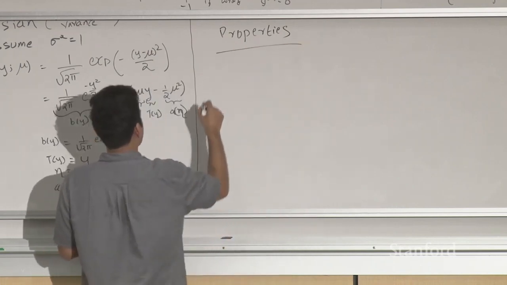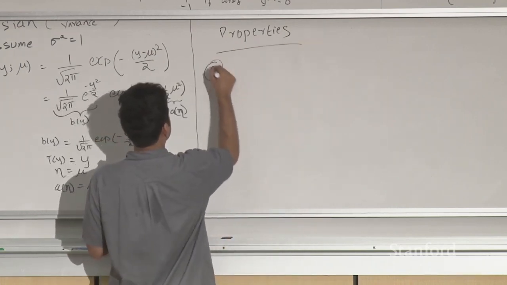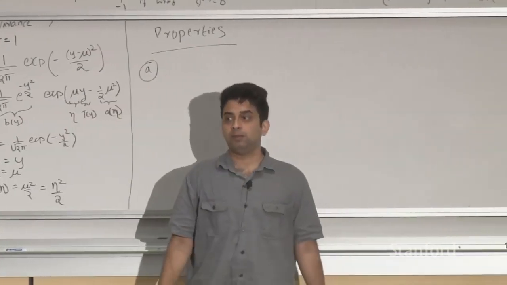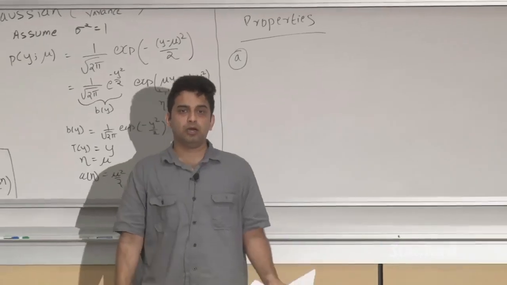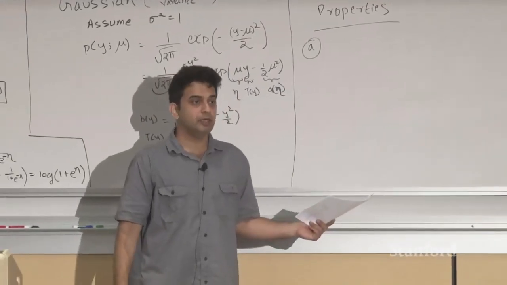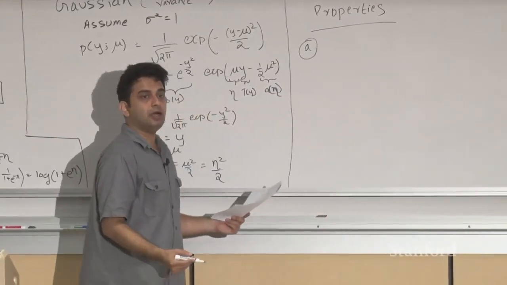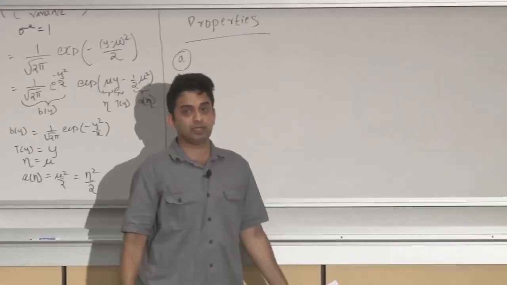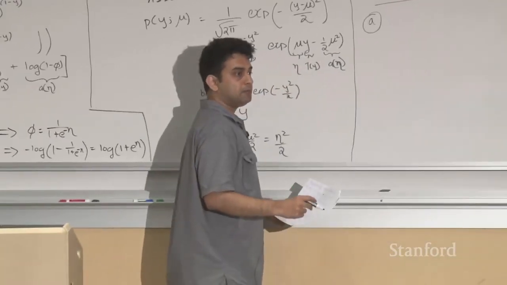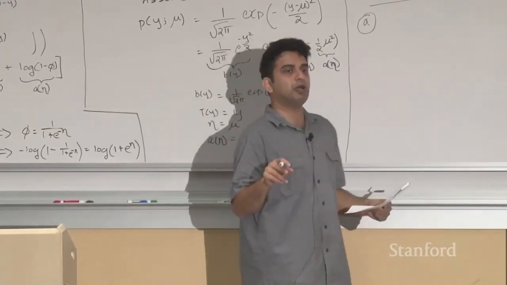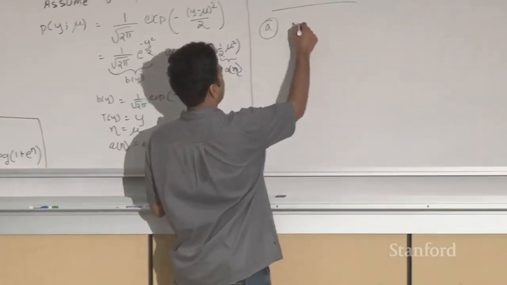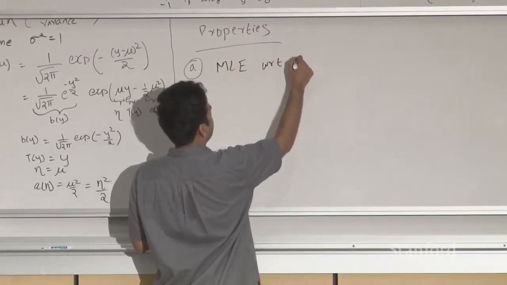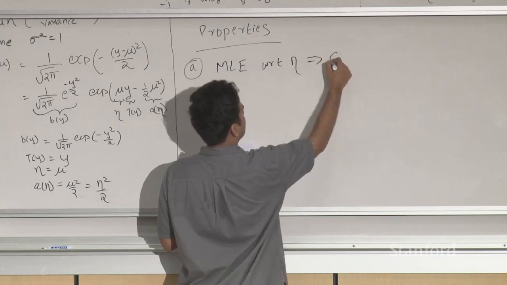One property is that if we perform maximum likelihood on the exponential family, when the exponential family is parameterized in the natural parameters, then the optimization problem is concave. So MLE with respect to eta is concave.